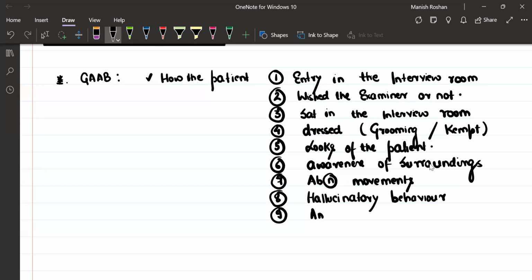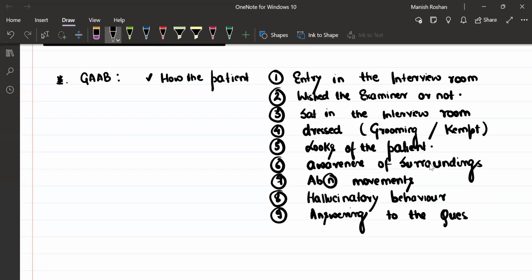Do mention how the patient was answering the questions that were asked. Whether he was giving a detailed explanation, whether he was evasive or avoiding the questions or changing the topic, whether he answered the questions in accordance with what was asked.